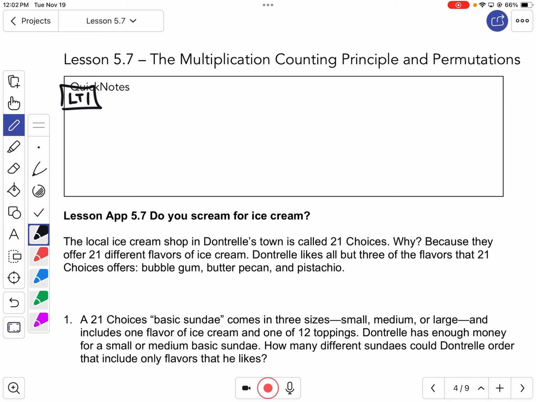Learning target 1 was our counting principle. We use it when we want to know the total options for multiple categories.